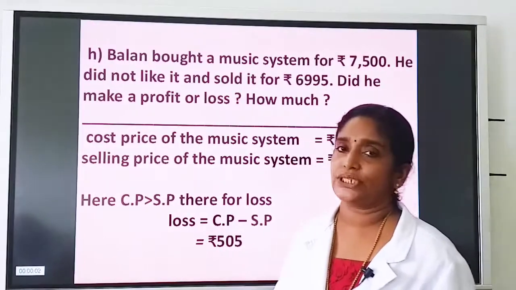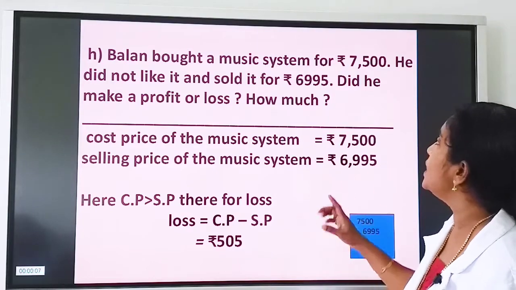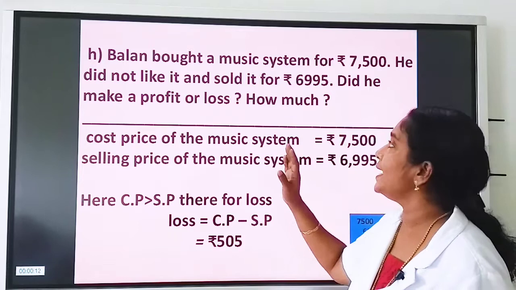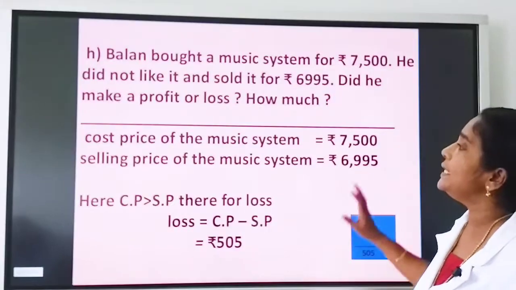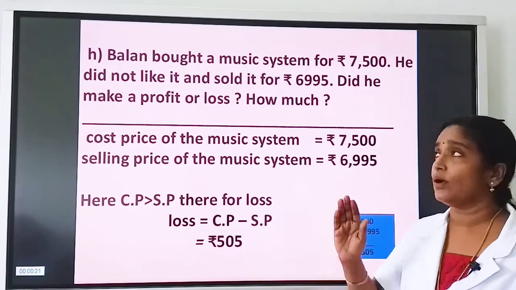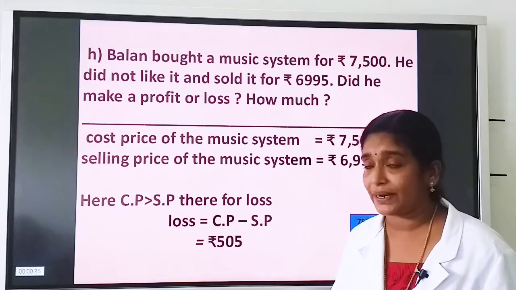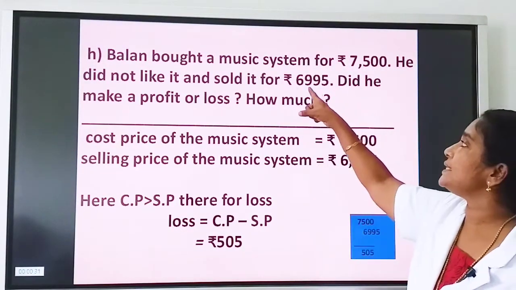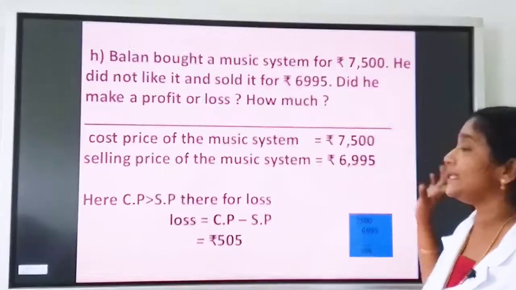Okay, look, next question. Balan bought a music system for rupees 7,500. He did not like it and sold it for rupees 6,995. Did he make a profit or loss? Balan bought a music system for 7,500. It means its cost price is 7,500 and he sold it for 6,995. It means selling price is 6,995.